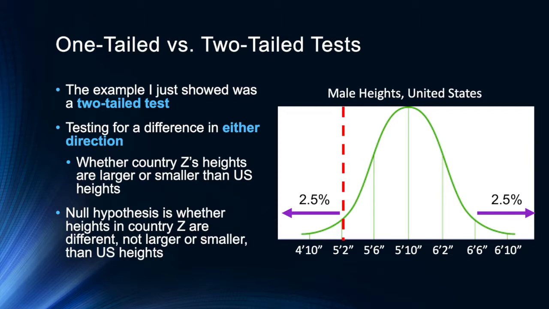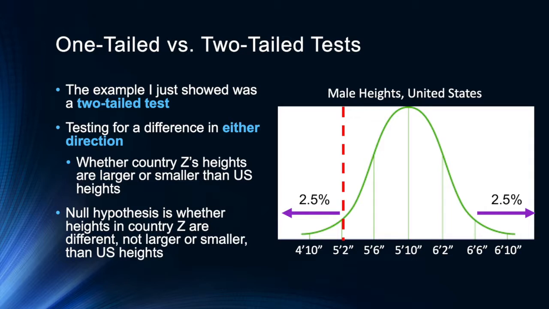So in that case, you would always want to do a two-tailed test, meaning we're looking at a 95% confidence interval, and 2.5% of that 5% random error will be at the left of the distribution, and then 2.5% will be at the right. So we're testing the difference in this case. So that's where it would come in, the difference versus greater than or equal to. So if we're testing the difference, we do a two-tailed.